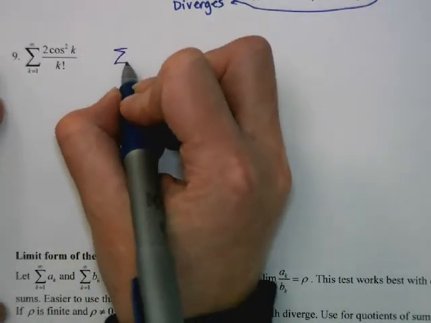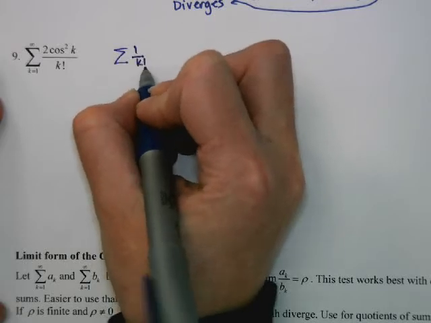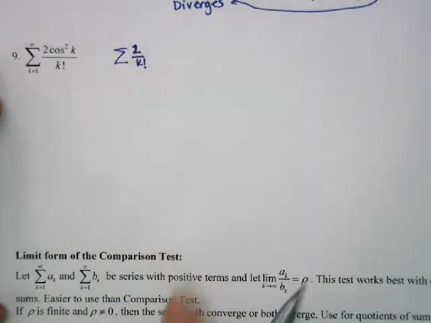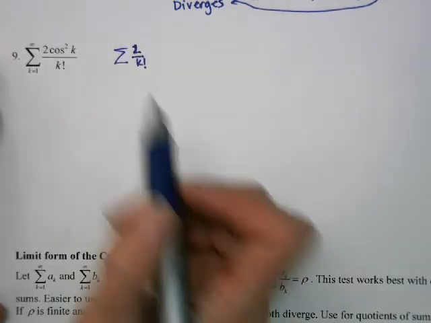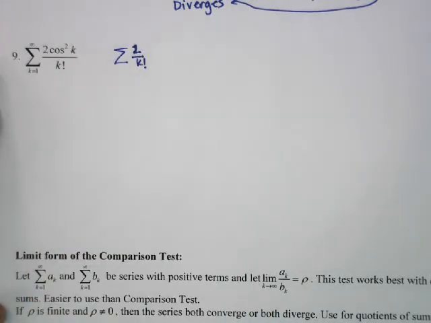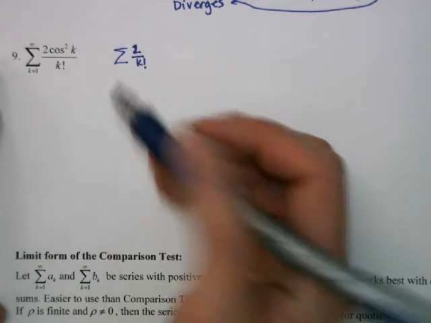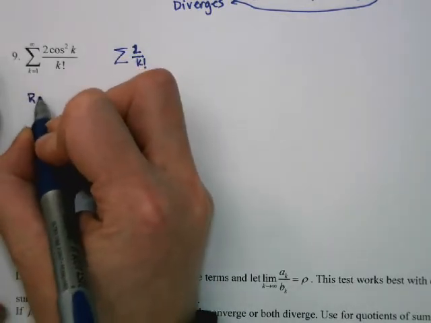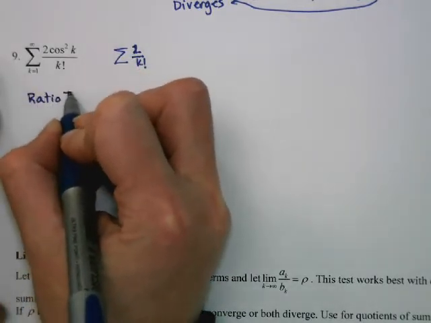Okay, I'm going to compare this one to 2 over k factorial, because we know that cosine is going to just equal a number between 0 and 1. But does this one converge or diverge? You probably have an idea, but let's go ahead and run the ratio test.